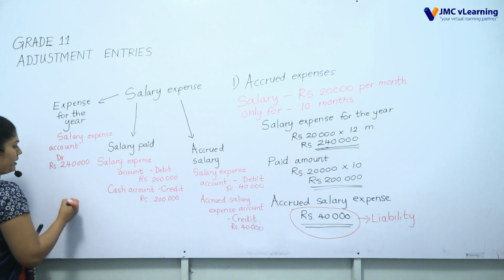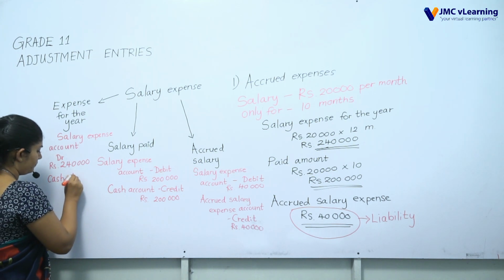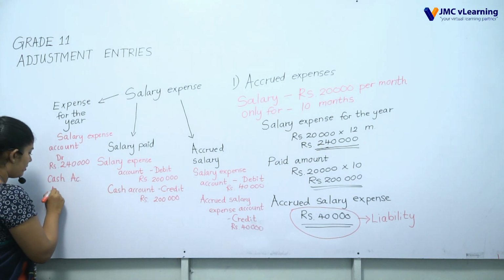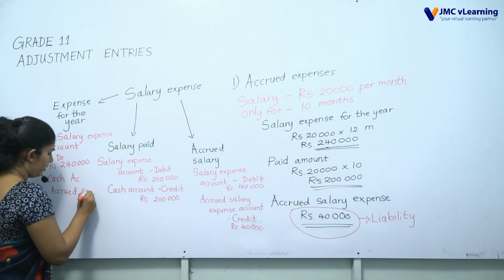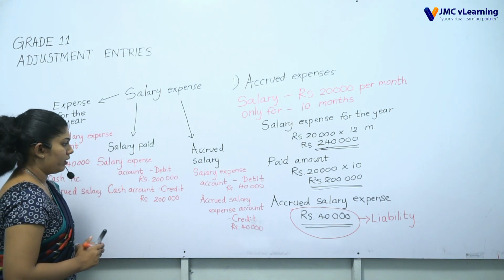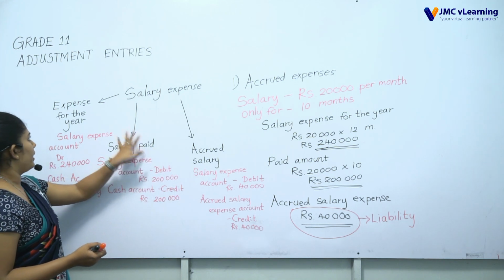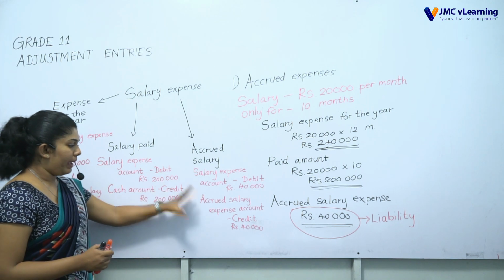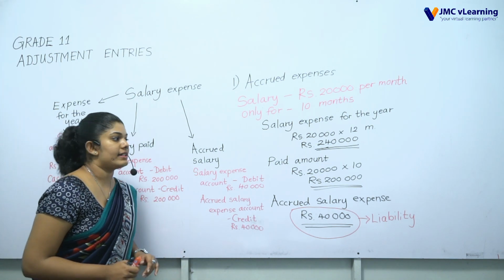The credit entries go to cash account and accrued salary account. There are three aspects: accrued salary, salary paid and expense for the year. After you pay this amount, this account will be cancelled.